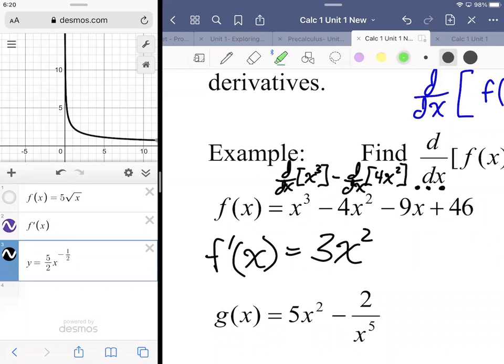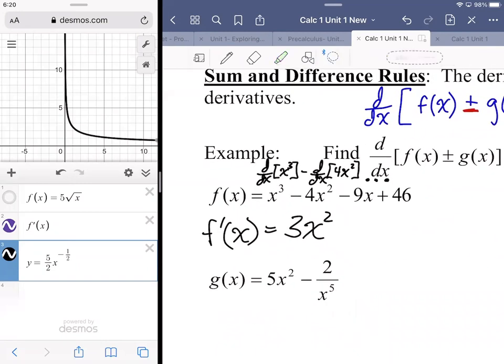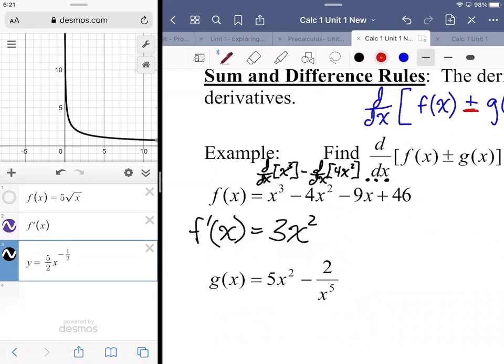So it's a double level to this example, where not only am I finding the sum and difference of two separate functions, but since f of x itself is made up as a sum and difference of multiple functions, I got a cubic function, I got a quadratic, I got a linear, and I got a constant function all combined together, I can take the derivative of each piece separately by this same rule. So that's a cool consequence of what we were working on.